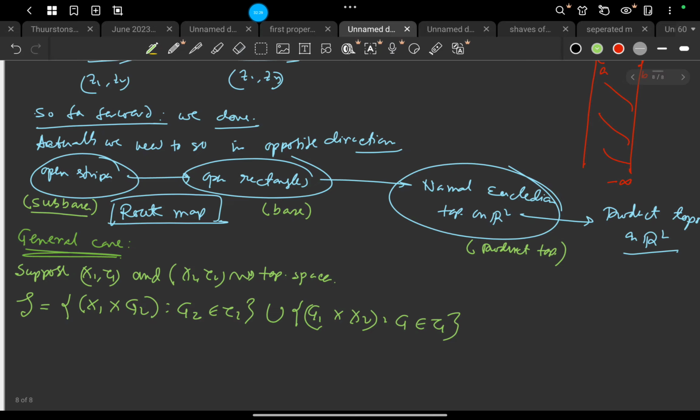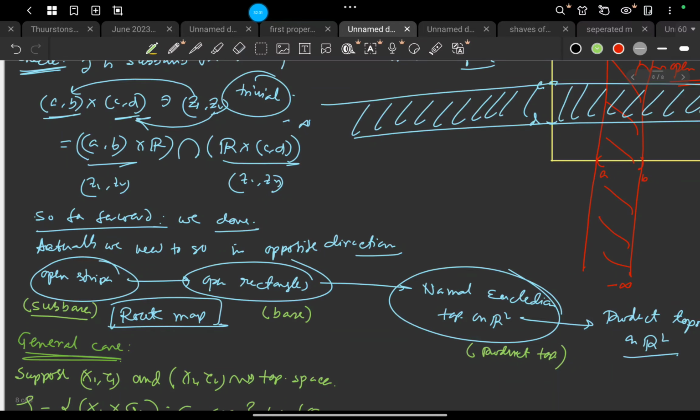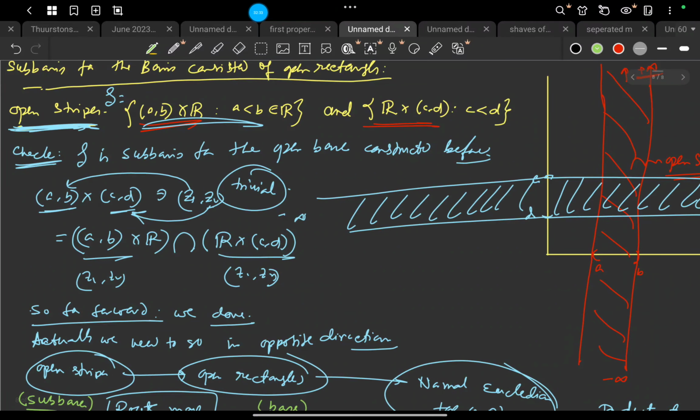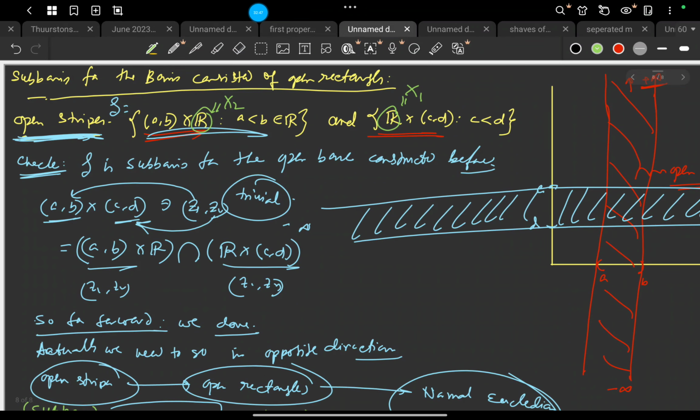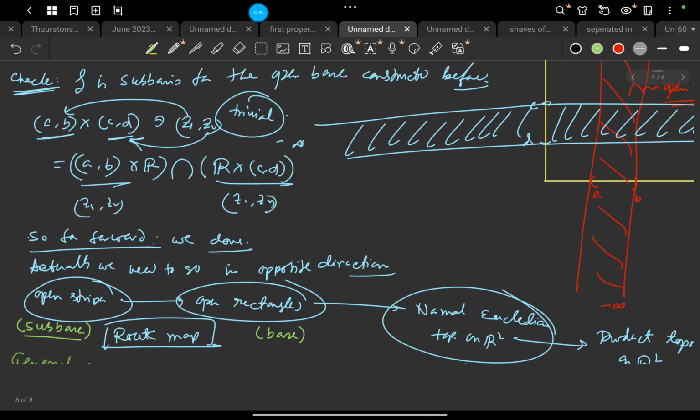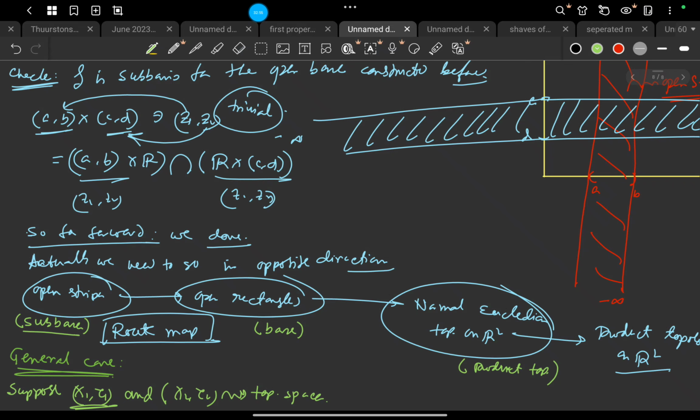You see that in the construction of stripes, we took one component as X2 and the other as X1, and the rest are the same. In the case of the Euclidean topology, we were able to consider (a, b) because we could visualize the basis for the topology.